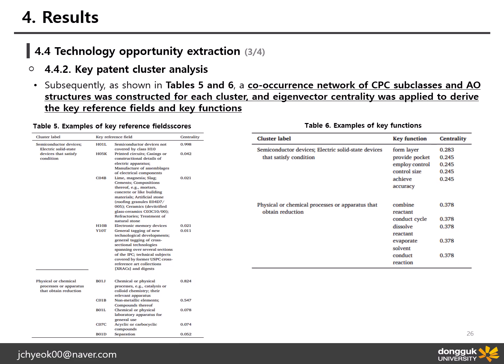Subsequently, as shown in Tables 5 and 6, co-occurrence networks of species subclass and AO structure were constructed for each cluster, and eigenvector centrality was applied to identify the core reference field and core functions that represent each cluster.